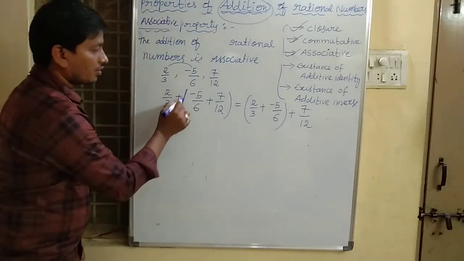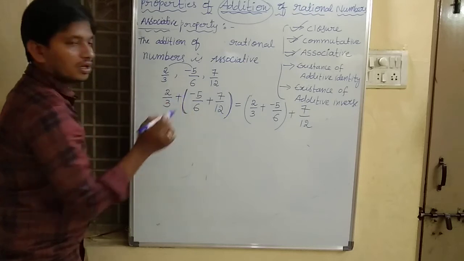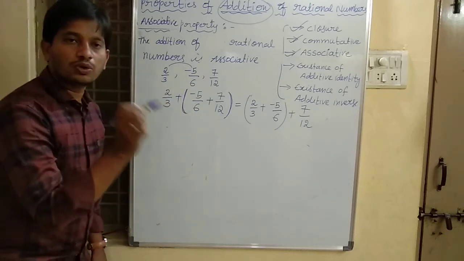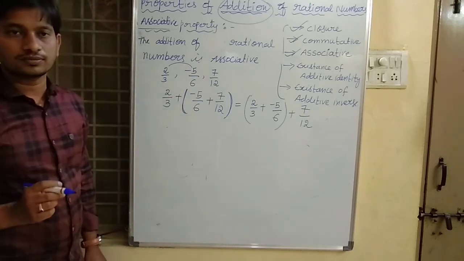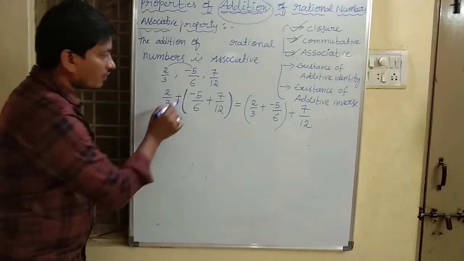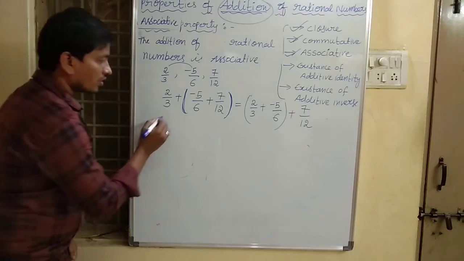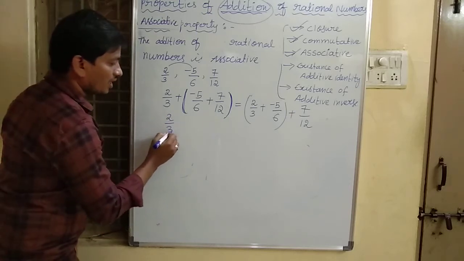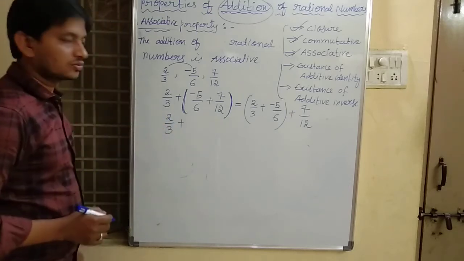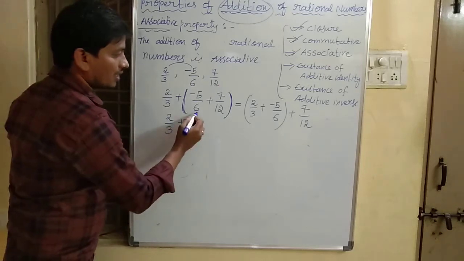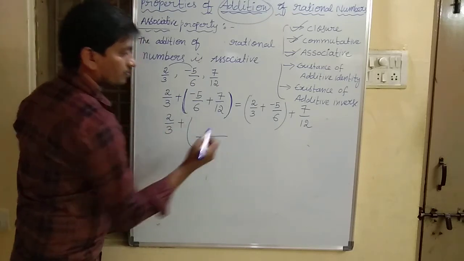See this bracket. According to the BODMAS rule, priority goes to the bracket first of all. So whatever is there in the bracket, that we have to solve. Clear? So write down 2 by 3 as it is. Now let us find the LCM of 6 and 12.